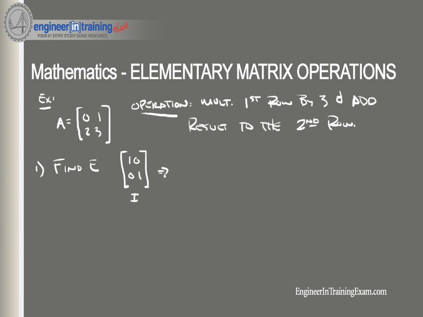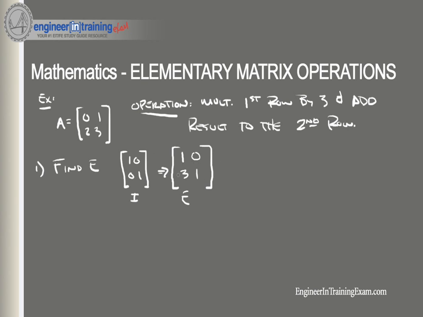So we need to multiply the first row by 3, so that would be 3 times 1 and 3 times 0. So in our head, we know that we need to add 3 to the second row and 0 to the second row. So our elementary row operator is going to be 1, 0, 3, 1. Now we've completed that operation on the identity matrix, and we have our elementary row operator.